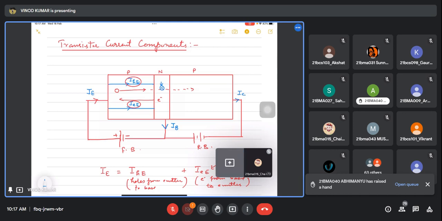So this is IHC because of the holes, and we have to find out this current.